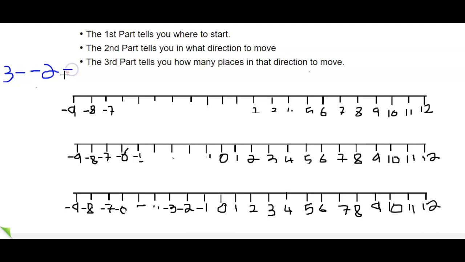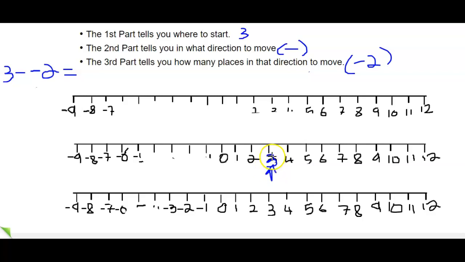We want to find out the answer. The first part is 3, the second part is minus, and the third part is negative 2. So we must start at 3. This is 3 here, so this is where we're starting.